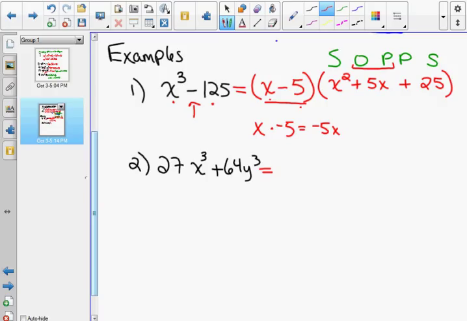So for the first parentheses, we want the cube root of what we have right here. Because it's 27x cubed, I need two parts to it. I need the number part, which will be the 3, and the variable part, which will be the x. Now I'm going to look at what I have second, and it's 64y cubed. So I need two parts again. The cube root of 64 is 4, and the cube root of y cubed is just y.